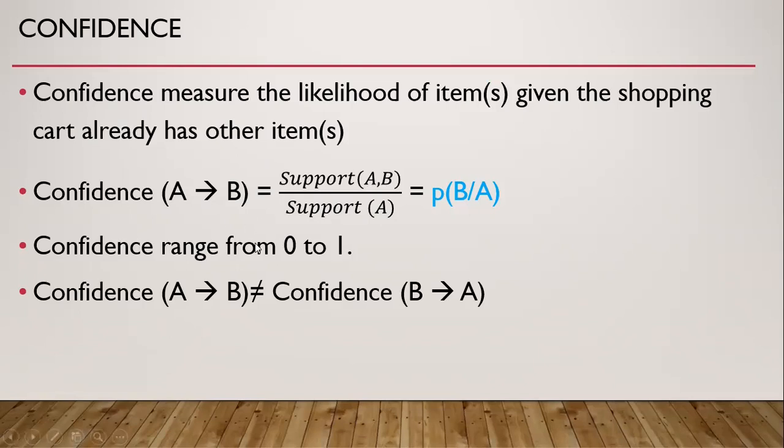So confidence ranges from 0 to 1 because it is also a probability. It is a conditional probability. Since this is a conditional probability, confidence A to B is not equal to confidence B to A.